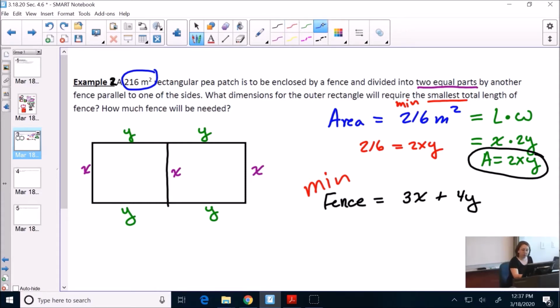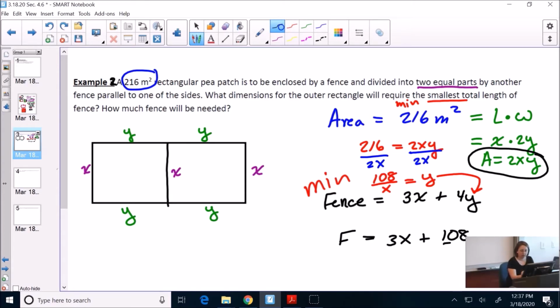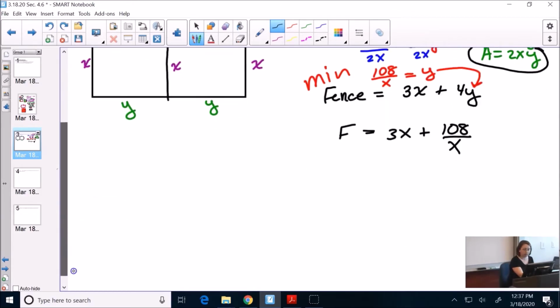If we solve for one of the letters, let's solve for Y. That means we're keeping the X's. So divide by 2X. That would be 108 over X equals Y. Now we can plug that into our fence. And our fence equation becomes 3X plus 108 over X. One variable, so now we can take the derivative more easily.